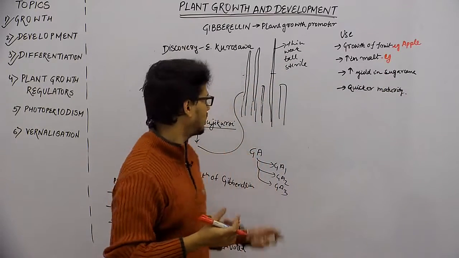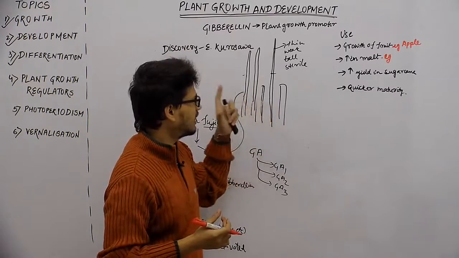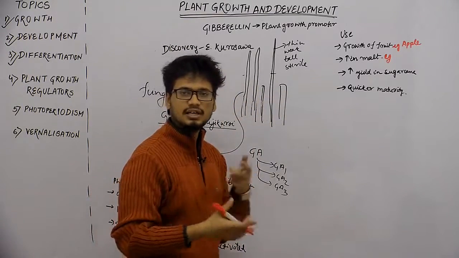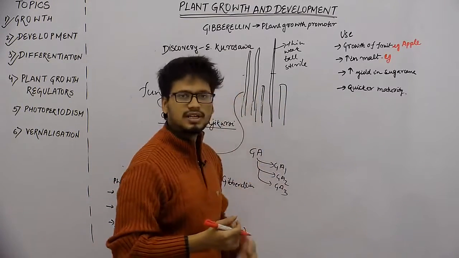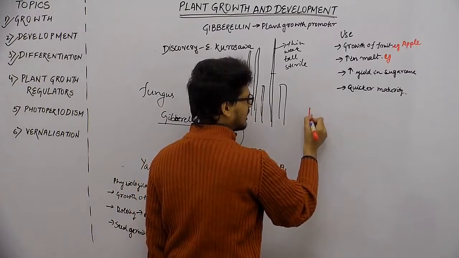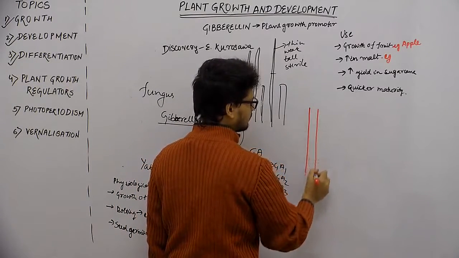In sugarcane, we saw in this case that as soon as gibberellic acid is added to the crop, its length increases a lot, and that is an advantage in the case of sugarcane. Why?